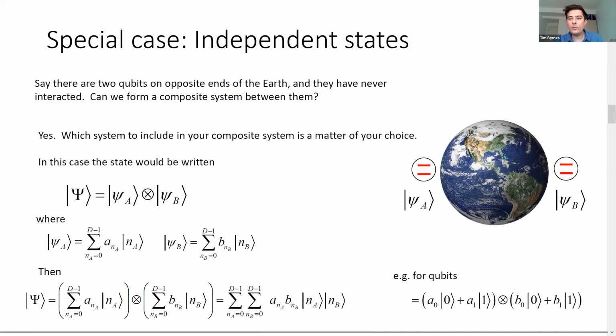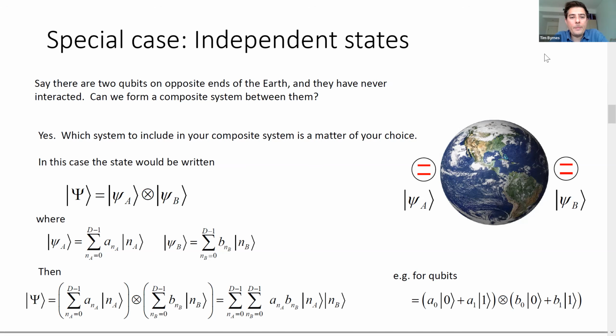Physically, what this means is that you have two quantum systems that never talk to each other. They've never come together, they've never interacted. They really don't know that each other exists.